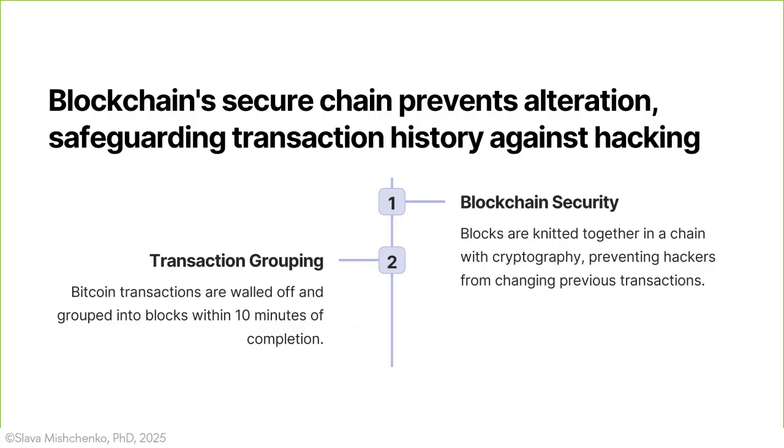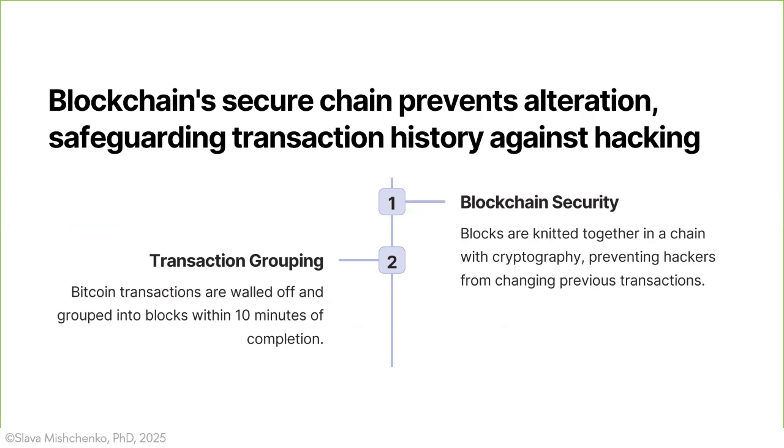And what's fascinating about the structure is that if anyone tries to alter even a single transaction, they would need to change every subsequent block in the chain. And I think this is practically impossible given the computational power required. So let me give you an example using the Bitcoin system.